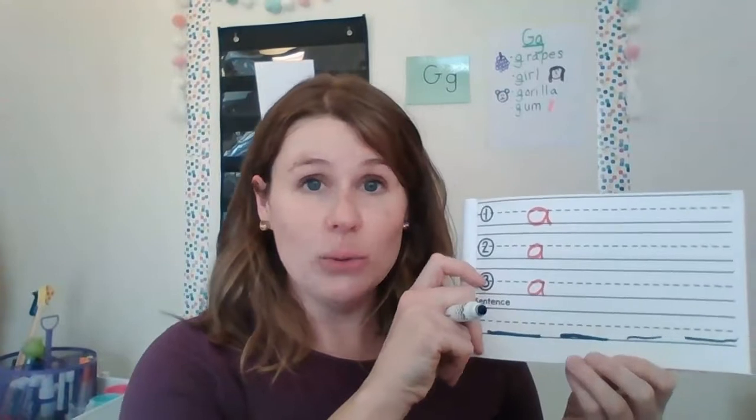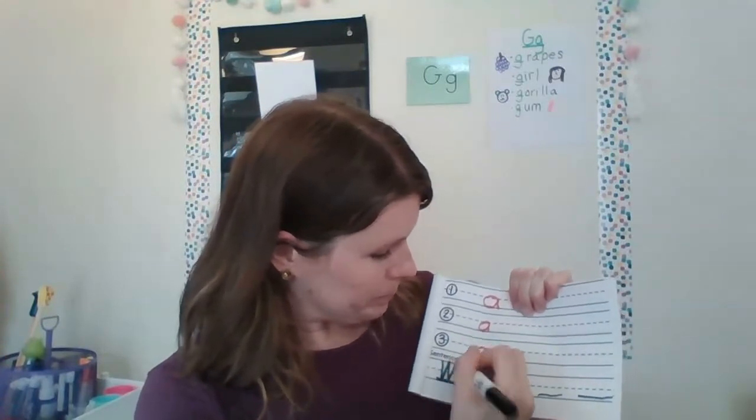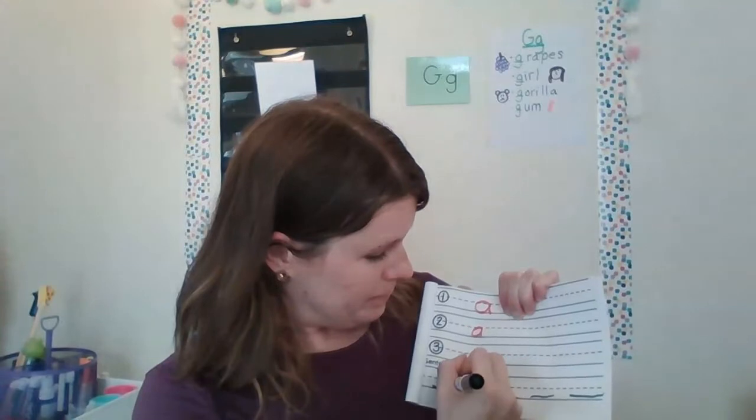Let's start with the word we. Remember, if we have a word that's the first word in the sentence, first letter, yeah, we need to make it uppercase. The first letter in the sentence is always uppercase. So I'm going to do capital W. W-E, we.